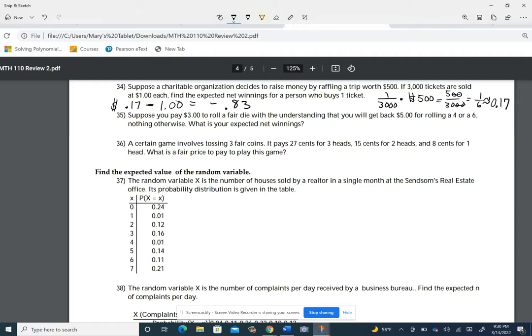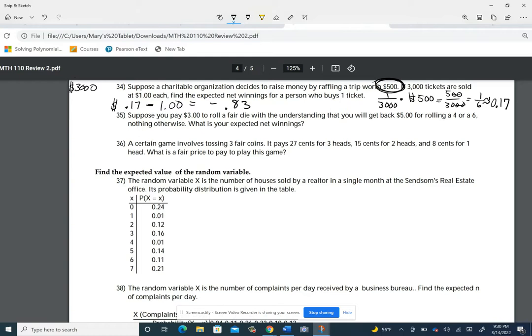And then sometimes they ask questions like, what is the profit that the charitable organization would make? That's going to depend upon whether the thing they're raffling off was donated or not. They had 3,000 tickets they sold at $1 each, so that would be $3,000 in revenue if all the tickets were sold.